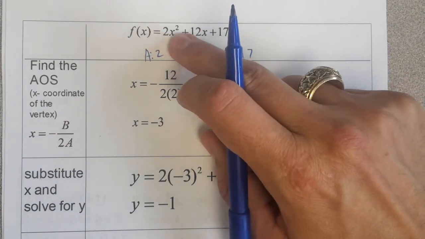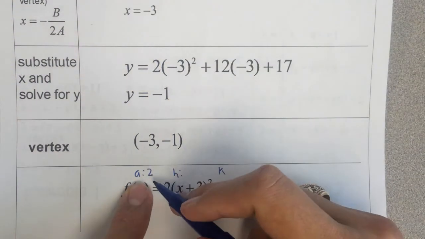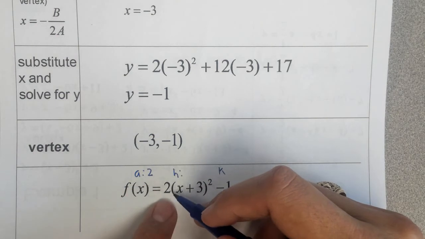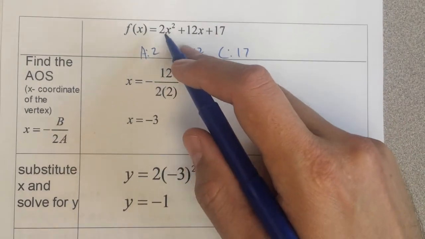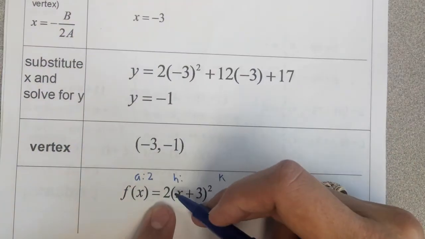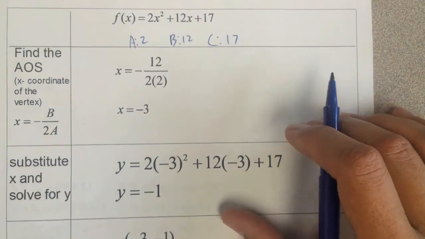If my A is 2 in standard form, when I get to vertex form, my A is also 2. And you see that here. 2 to start off with in the beginning, 2 to start off with down here. It's this H and K that gets harder to find.